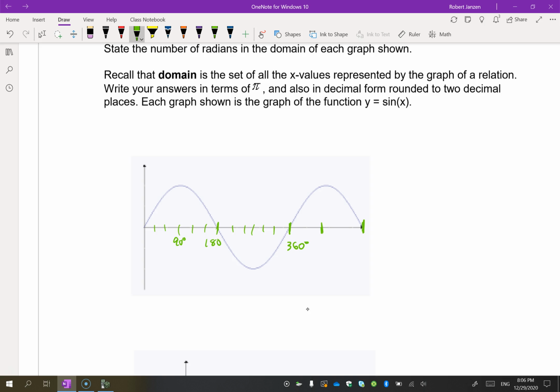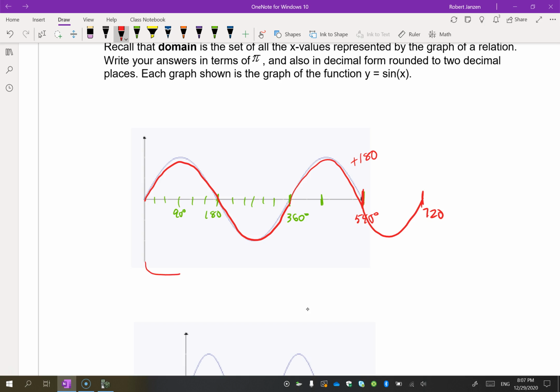Well, the thing you should know about these sine graphs is that they are perfectly symmetrical. If this is 360 degrees, then this would be another 360 degrees. This would be 720. Well, this is half of that extra 360. So I'm going to add 180, and I would end up with 540 degrees. But that's not what it asked for. It said, what is the domain in radians? Okay, so we're looking for what is this distance in radians.